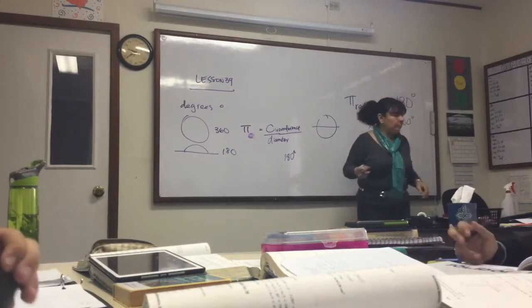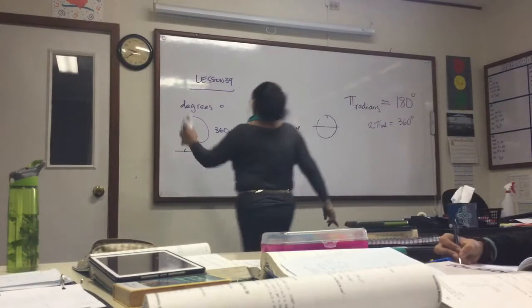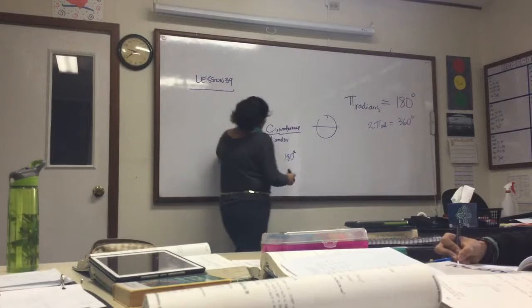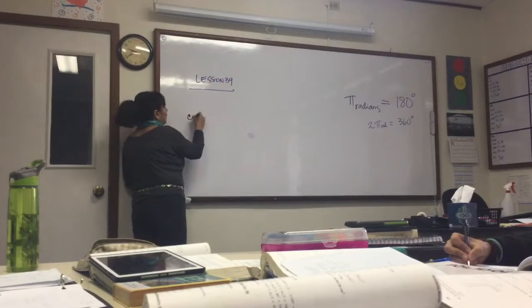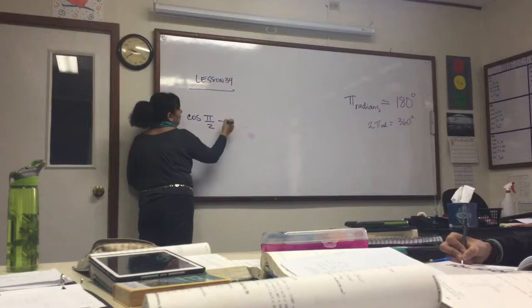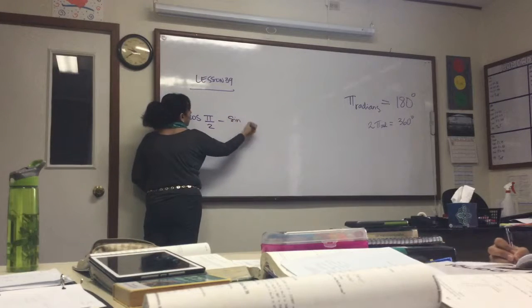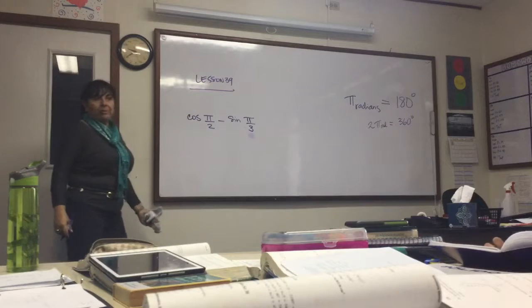So, let's do something. If I give you the cosine of pi halves minus the sine of pi thirds, what would that be?